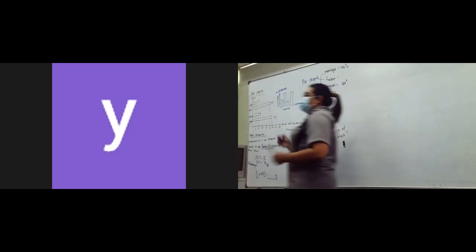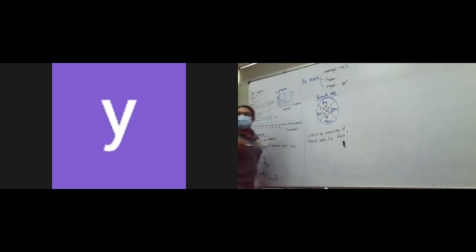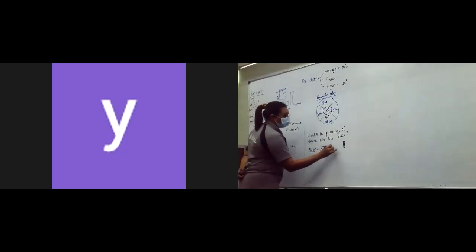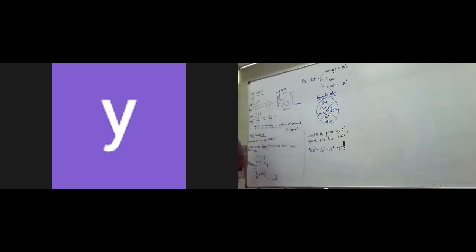So first of all, we find how many degrees this is first. What is the total degrees? 360. So minus 60 degrees, minus 75 degrees, minus 95 degrees. What's the answer? Calculate. Yeah, 130.